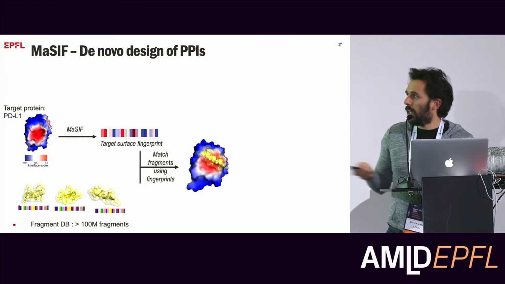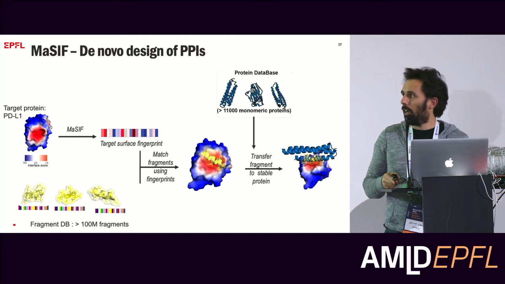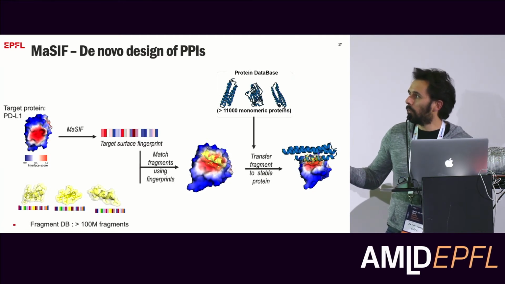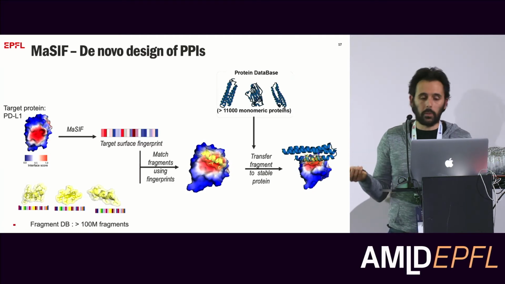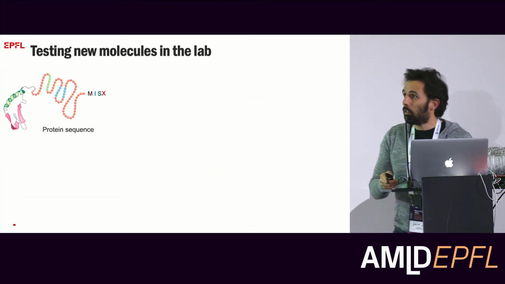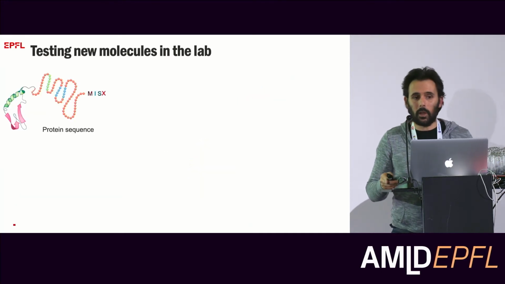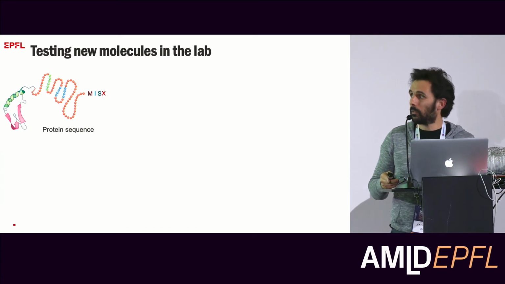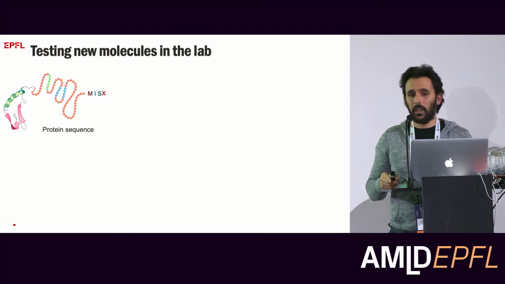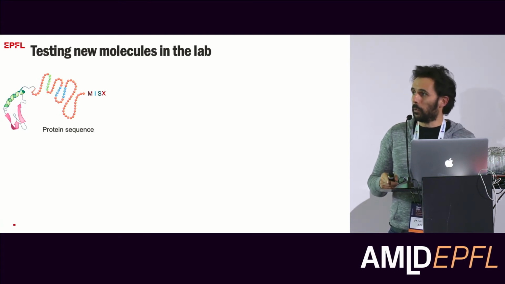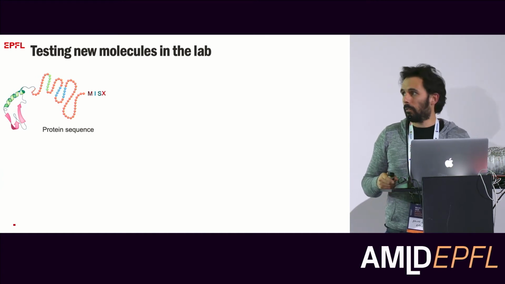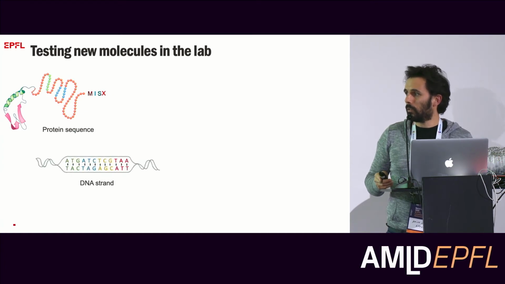Once you have these candidates, then the more experimental part starts, where you transfer these motifs to other proteins, and then you go and express them in the lab. I know that many of you don't think about how to make proteins in the lab on a daily basis, perhaps, so let me just tell you how exciting this is. You go to your computer, you make a new sequence, and then you input that sequence into some web server, which connects to San Francisco on the other side of the ocean, and that codes into DNA.